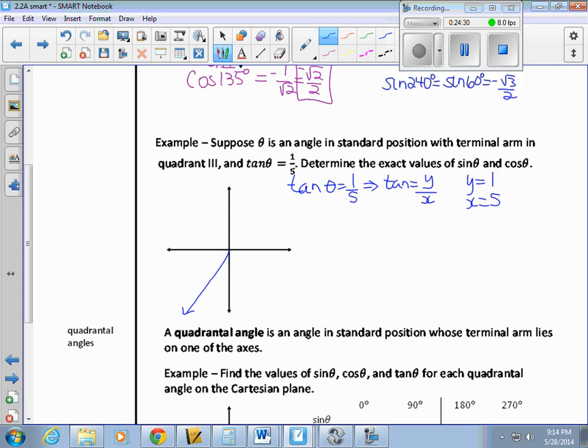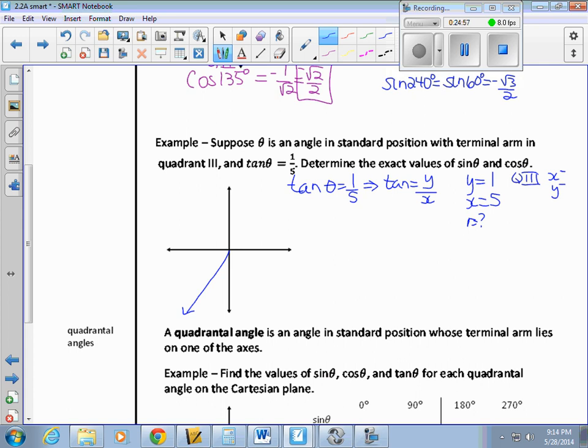Now I'm in quadrant 3. Because I'm in quadrant 3, my x is negative and my y is negative.